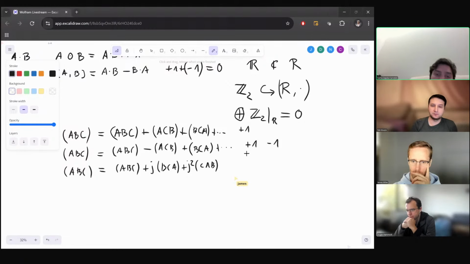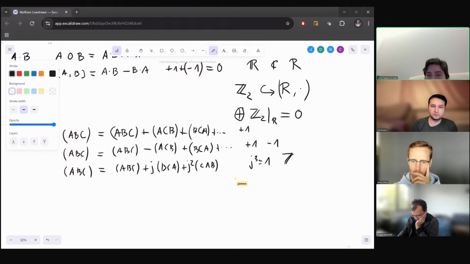What property does the cubic root of unity have? Obviously that you cube it to the unit. That's the fact that J cubed equals 1. And of course, it is a cancellative one. 1, J and J squared form the cyclic group Z3.